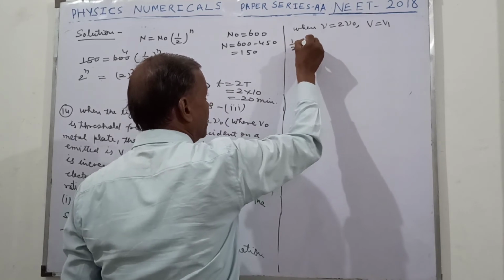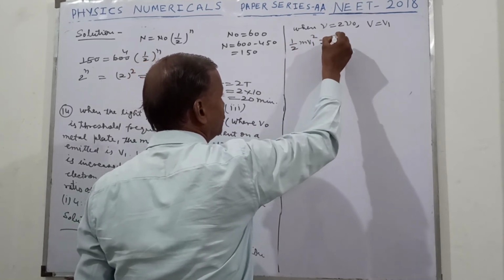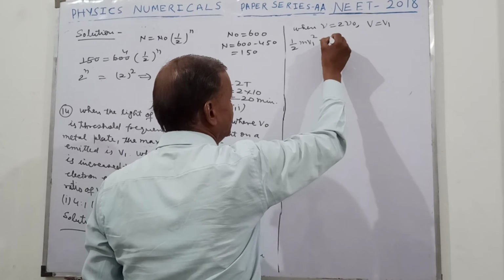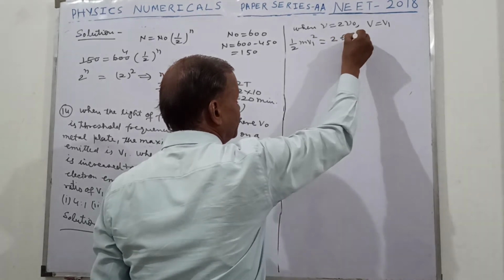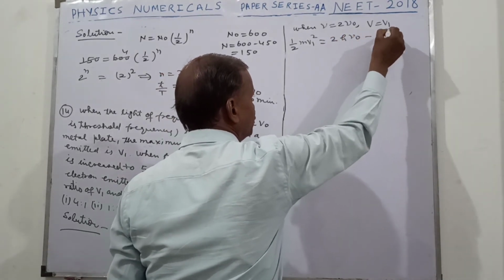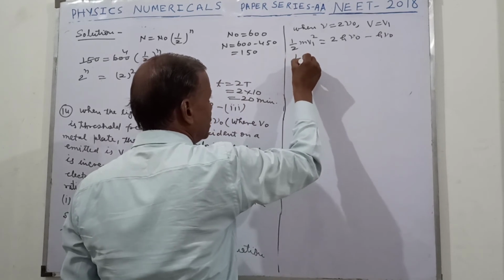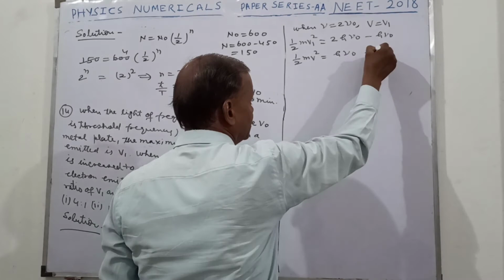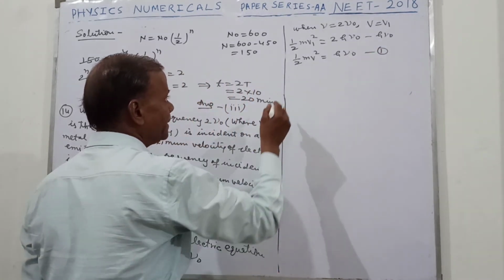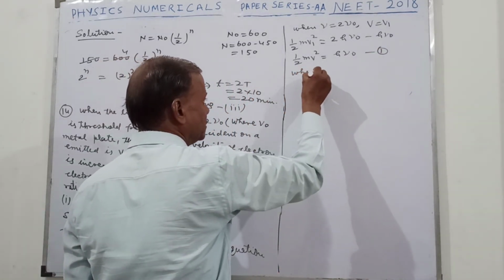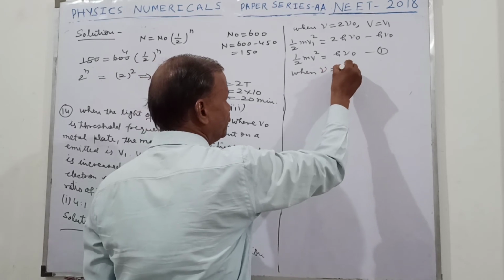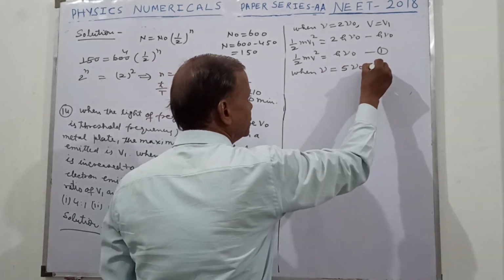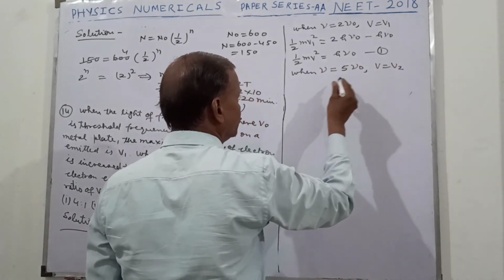So we have half m v1 square equal to 2hν₀ minus hν₀. So half m v1 square equal to hν₀. This is equation 1. And second, when ν equal to 5ν₀, v equal to v2.